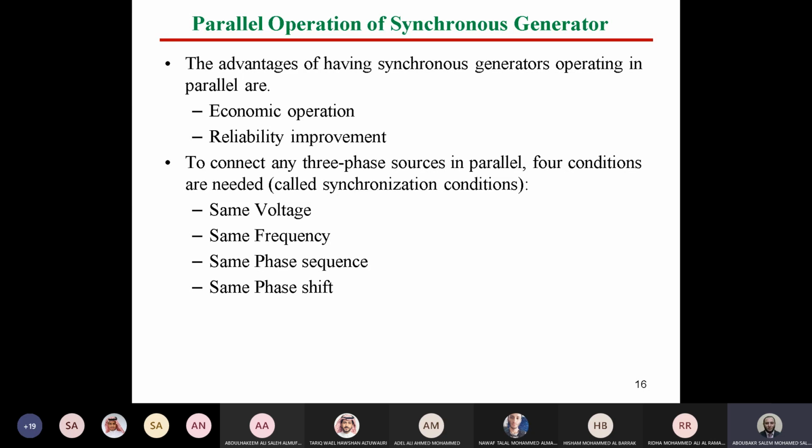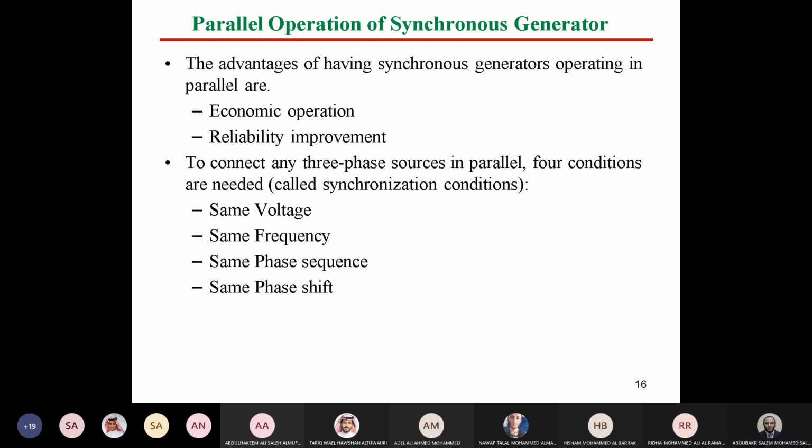What is the reason? The reason is to increase the stability of the power system, the stability of the grid. Another reason is to improve the reliability of the system. Reliability means our system is reliable enough, which means if one of them fails to work, others can work and carry the load.